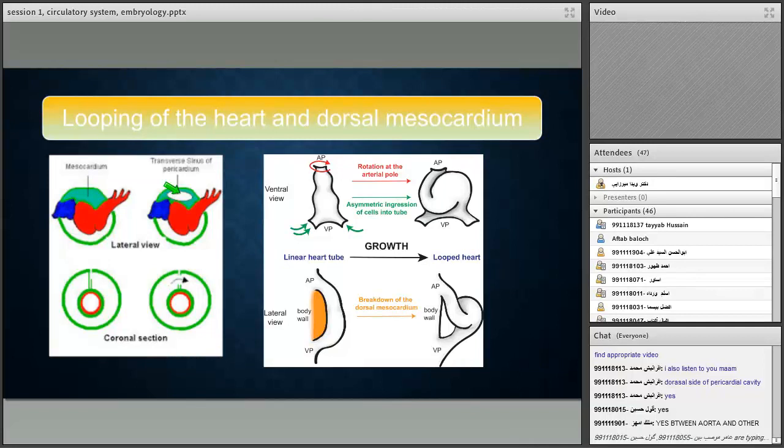During these events, the myocardium thickens and secretes a layer of extracellular matrix which is rich in hyaluronic acid. The myocardium thickens here.